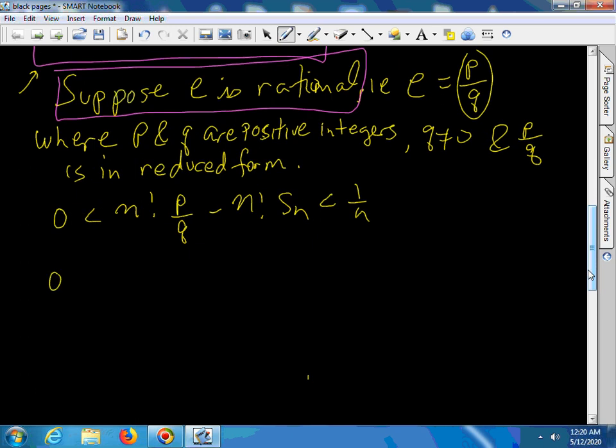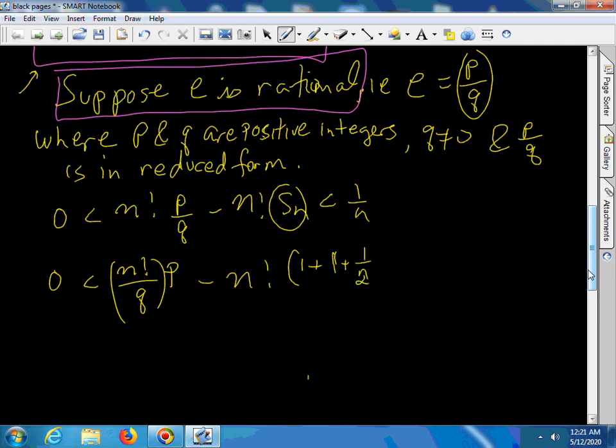Rearranging things, I have 0 is less than n factorial over q times p minus n factorial times this, which is 1 plus 1 plus 1 over 2 factorial plus 1 over 3 factorial, all the way up to 1 over n factorial, which is still less than 1 over n.